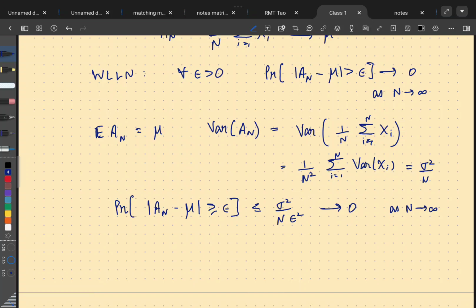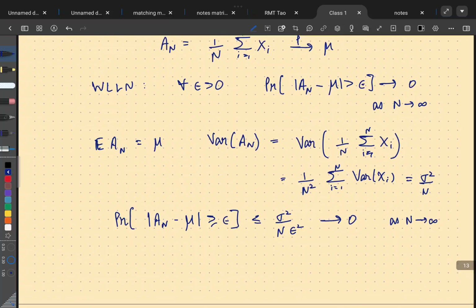You keep continuing your coin tosses on and on and on. Then as a function of n, this decays to 0 at a 1 by n rate. All right. Any questions?